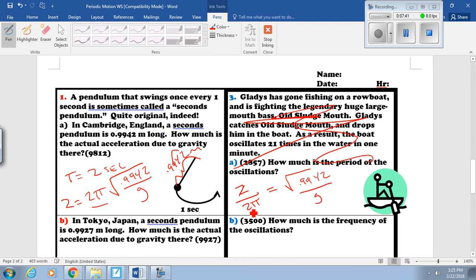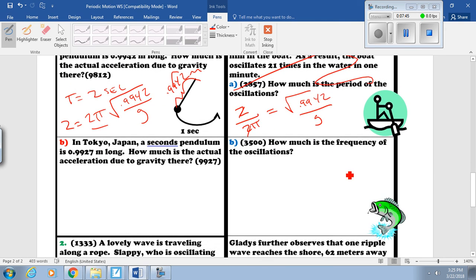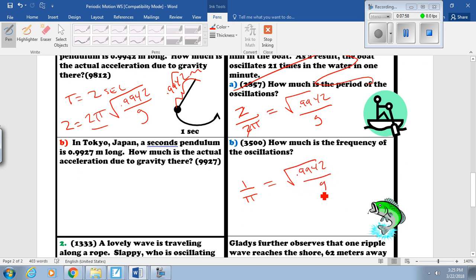The 2's cancel out, and you're left with, I apologize, I don't have enough room to actually show you this on this paper. You have plenty more room than I do. So you have 1 over pi equals the square root of 0.9942 over g.